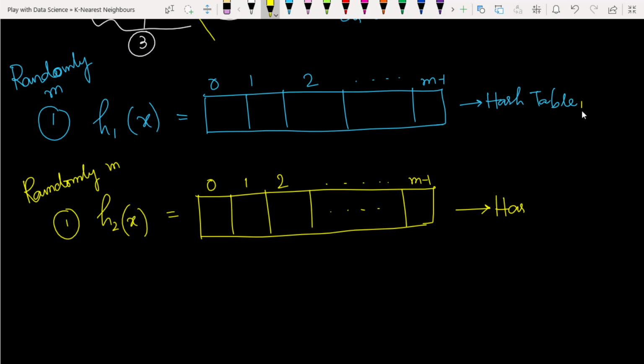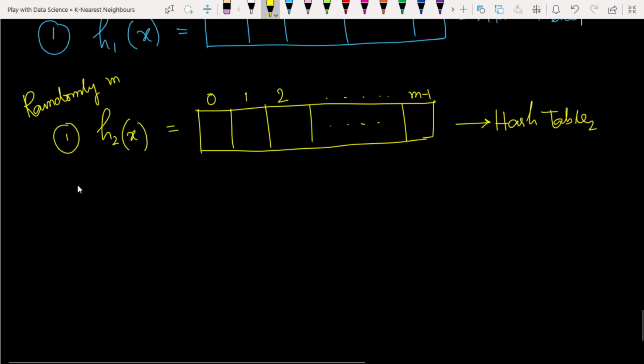This is hash table 1, this is hash table 2. We construct hash table 1 from hash function 1, and hash table 2 from hash function 2. Similarly, we repeat this job, suppose l times.